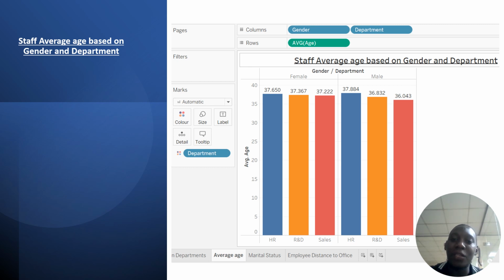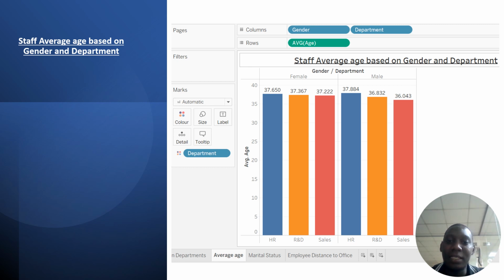As you can see, HR is represented in blue for female and male, then red for sales for both female and male. And we can evidently see that the youngest employees are those in the sales department for both male and female. So it's an indicator that maybe it's the young blood that can manage the sales work because they do move up and down, stuff like that.